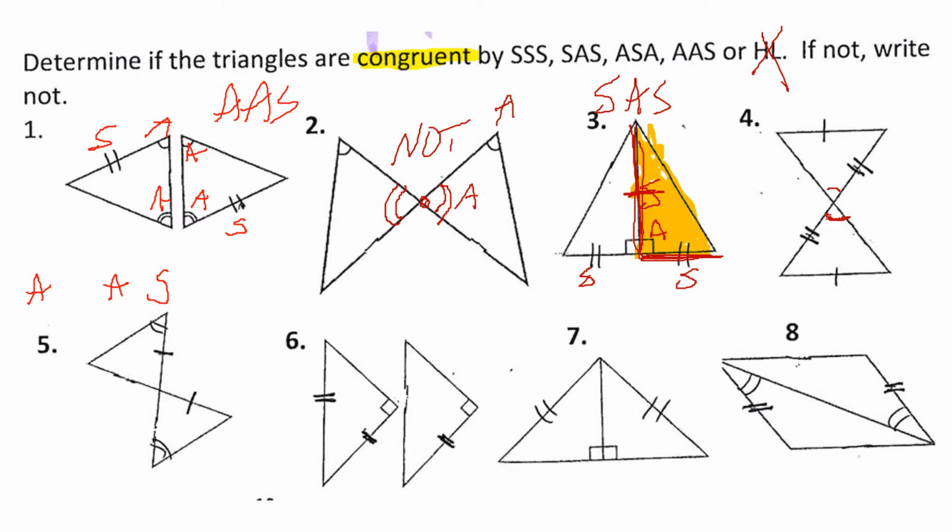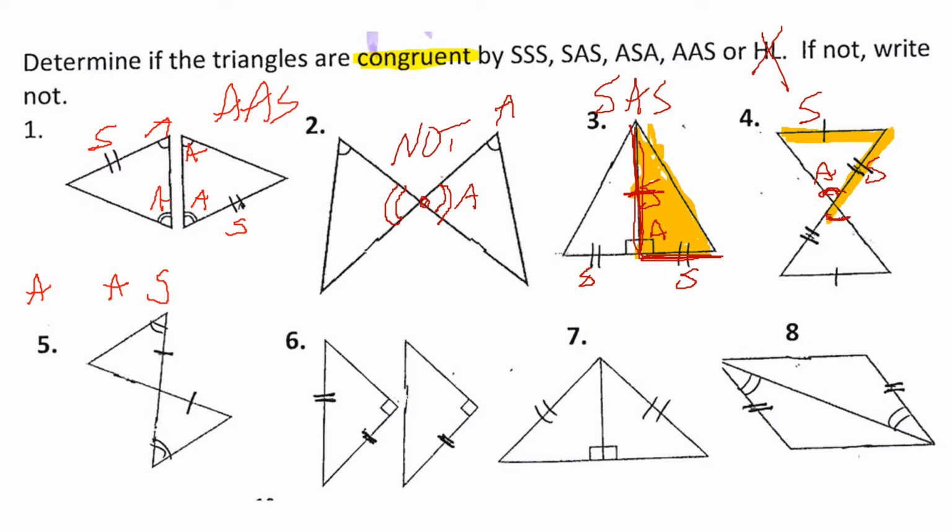All right, here's another vertical. They're sharing that angle. So we're going to mark that angle. All right, now let's think about what we have. Here's a side. We've got our angle. Here's a side. Now stop and think. If I'm going to put side, angle, side, is the angle where the two sides touch? Here's a side. Here's a side.